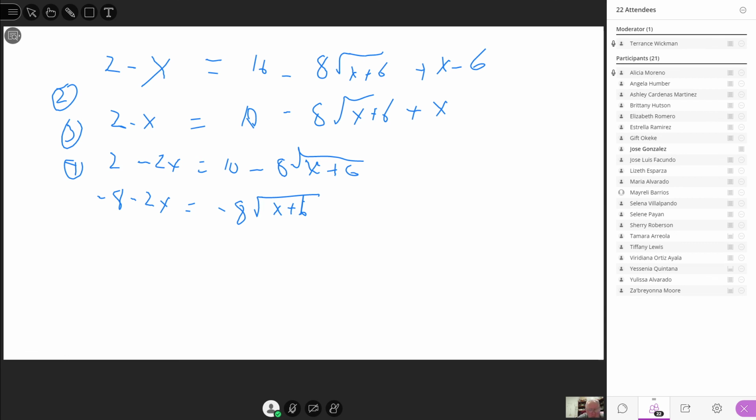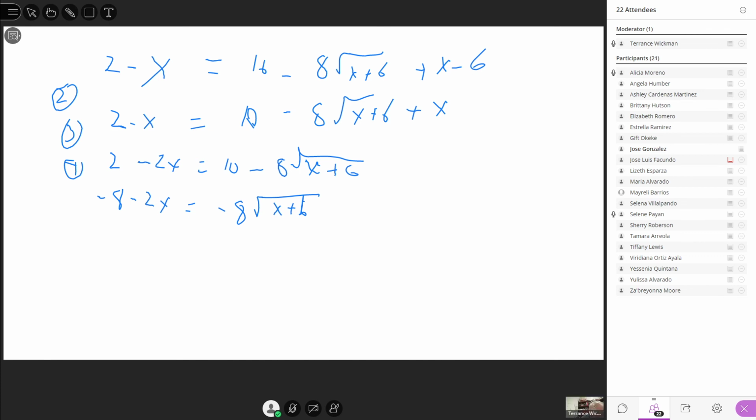Anybody? How do we get negative 8 on the left-hand side? Negative 10. You subtracted 10 from the right, and you got to subtract it from the left. Again, I'm not going to move forward until I hear a few more amens.